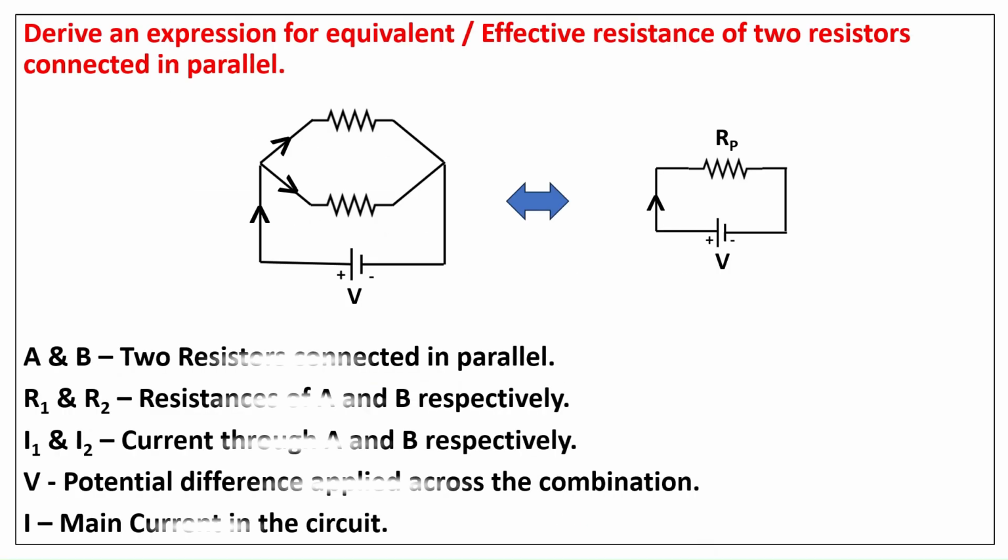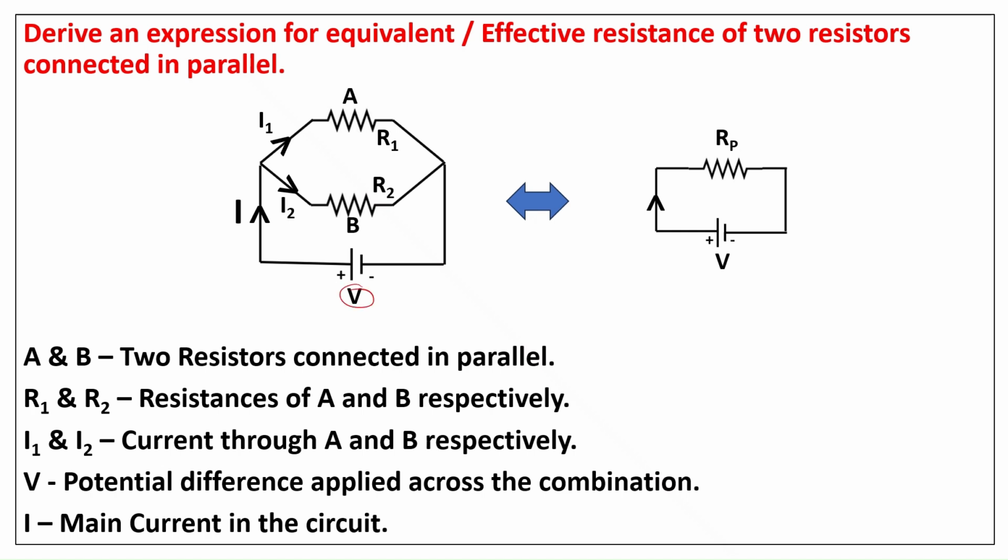Next, derive an expression for equivalent or effective resistance of two resistors connected in parallel. From the figure, A and B are two resistors connected in parallel. R1 and R2 are resistances of A and B respectively. I1 and I2 are currents through A and B respectively.